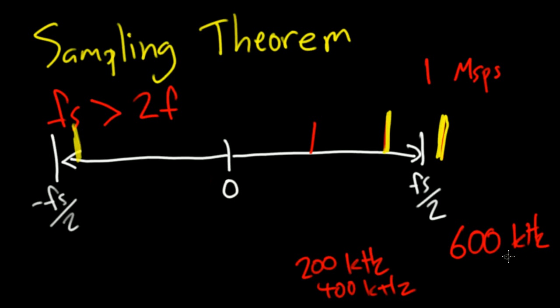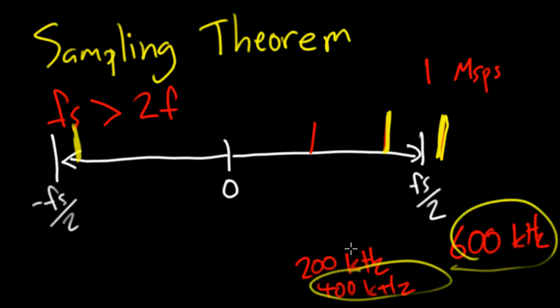My 600 kilohertz signal clobbers my 400 kilohertz signal. Let's say both are present and I'm trying to sample both of them. Well, in the digital domain, they interfere with each other instead of being distinct from one another. Suddenly, as soon as we digitize them, they are no longer distinguishable from one another. And this is a real problem. And most of the time, this is considered a problem to avoid.